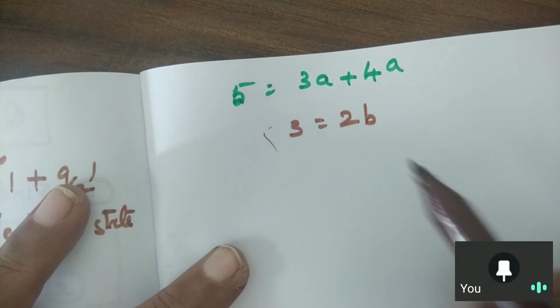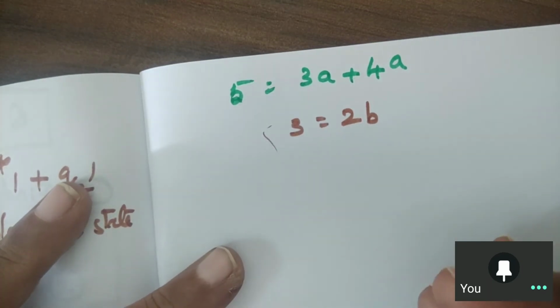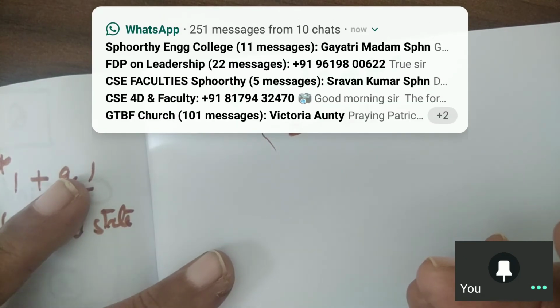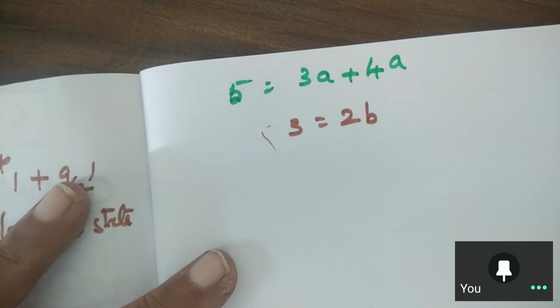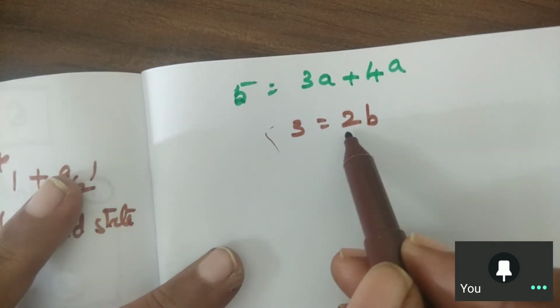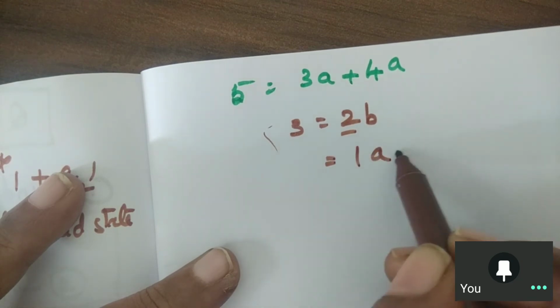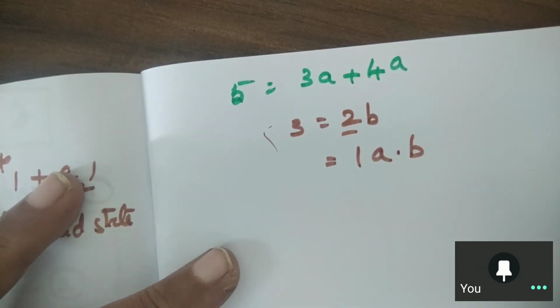So this is one state, right? So again I need to solve for this. For 2, if I substitute, 1a, 1a, b. So again for 1 I have a greater value.